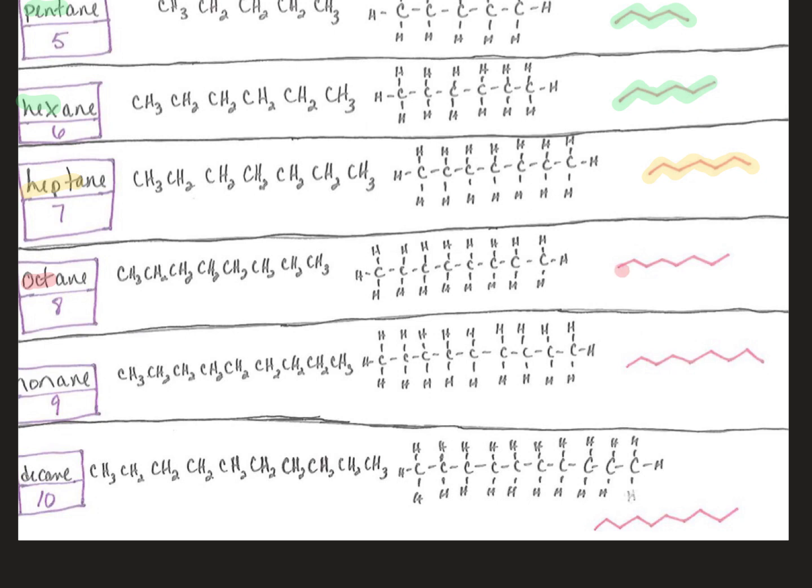Octane is 1, 2, 3, 4, 5, 6, 7, 8. I think this one sounds funny because 9 is called nonane, like it is non-existent. So 1, 2, 3, 4, 5, 6, 7, 8, 9 there. And finally we have decane, would be 10.